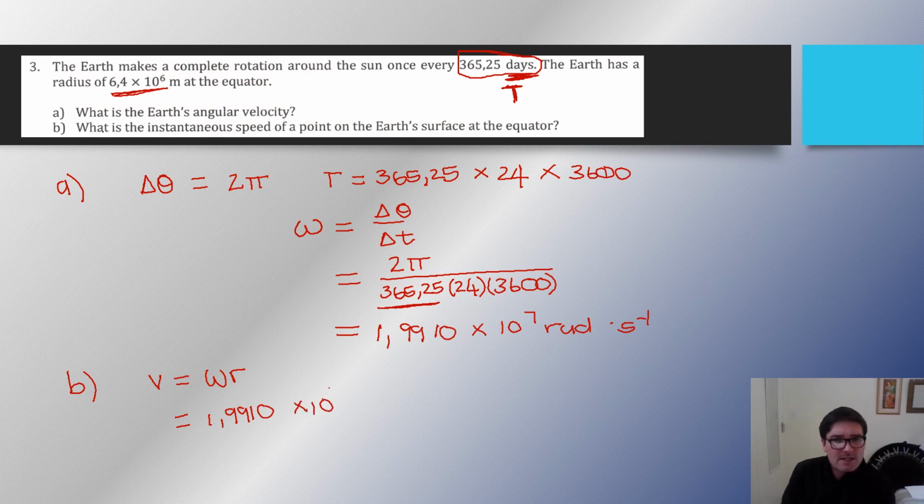So I would use that value, and then it's times the radius, which only has 2 significant figures, because although it's a constant, you can get more accurate reports of the radius of the Earth. So using that value that I was given to 2 significant figures, I get that the 2 significant figures for the instantaneous speed at the equator would be 1.3 meters per second.